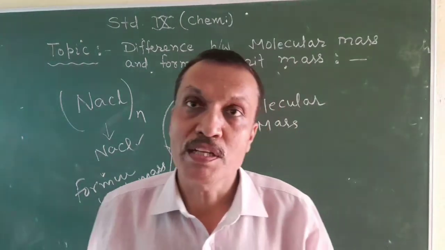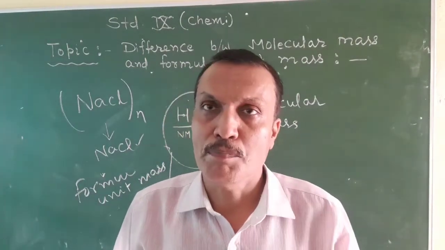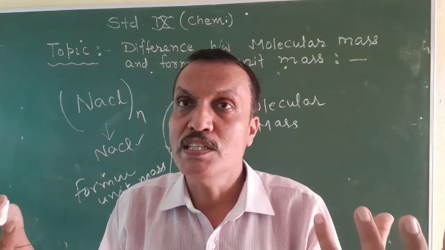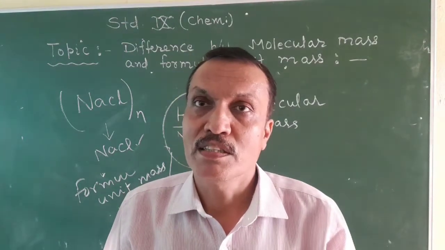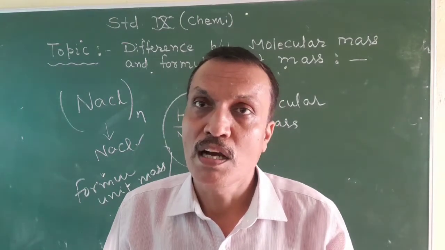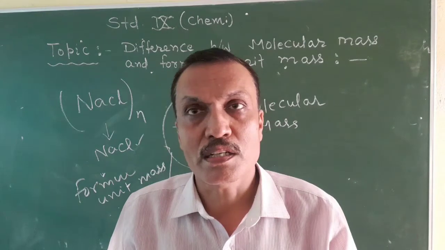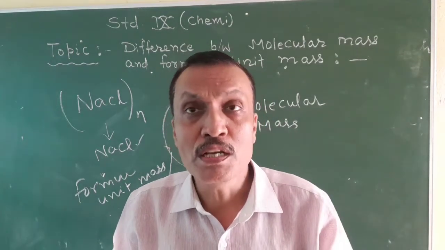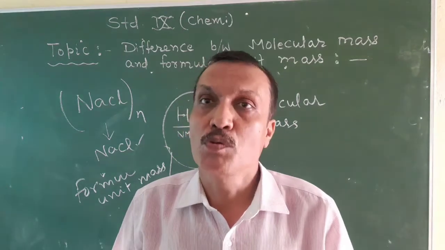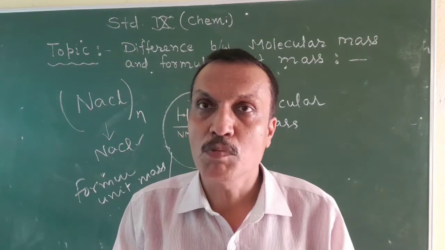Such compounds are said to be ionic compounds because two oppositely charged ions are present in them. For ionic compounds, the term formula unit mass is used because such compounds do not exist as a discrete molecule.